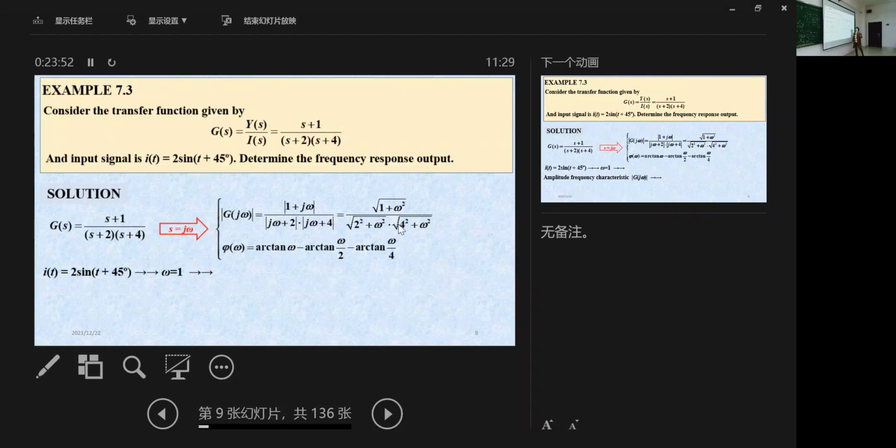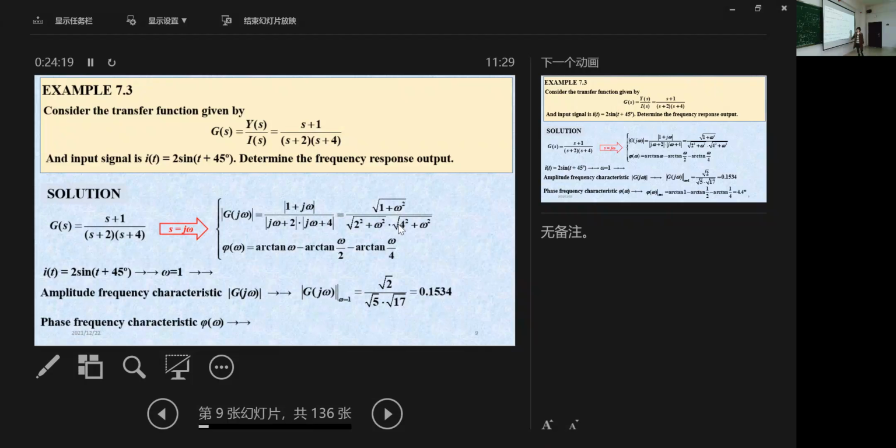Substituting omega equals 1, we get arctangent 1 minus arctangent 1 over 2 minus arctangent 1 over 4, and we get a number.